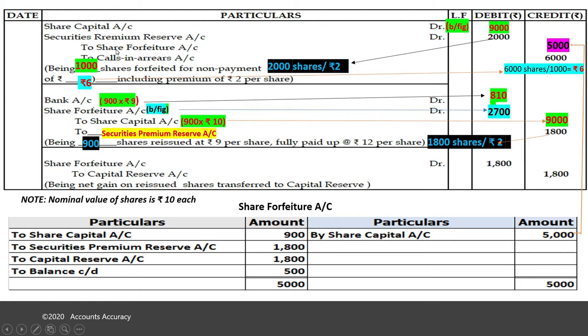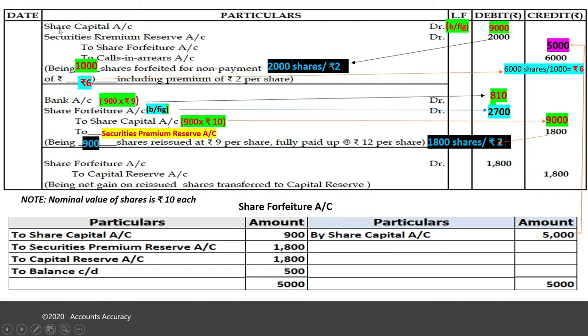See here, the first hint for the blanks would be 5,000, which is given in the ledger of share forfeiture account. This ledger gives us the idea that the journal for this would be share capital account to share forfeiture account.